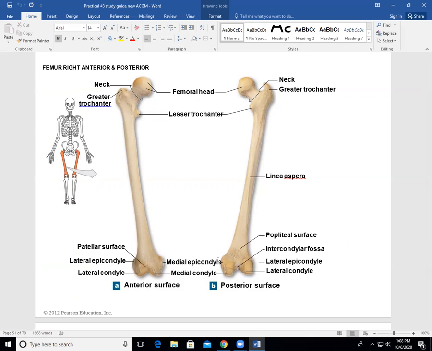So your left. Because your head of your femur is facing to the right. So, the anterior surface. Head facing to the right.